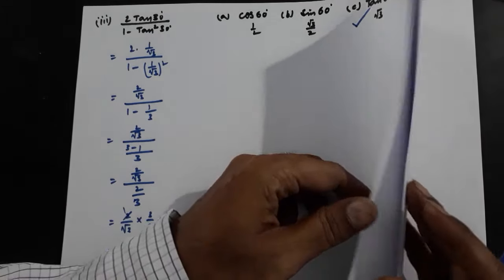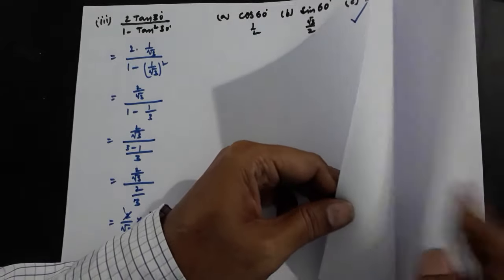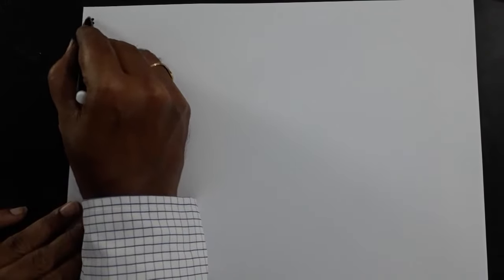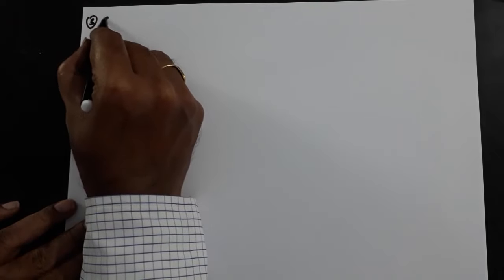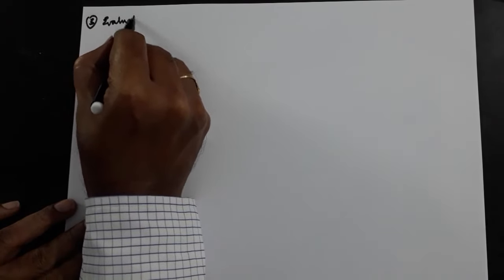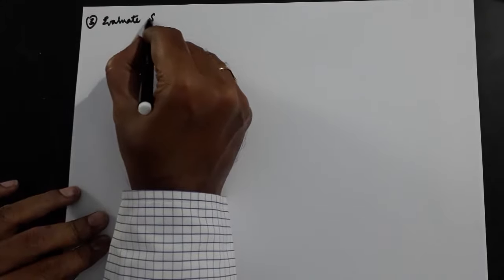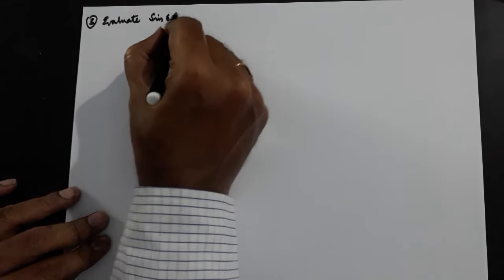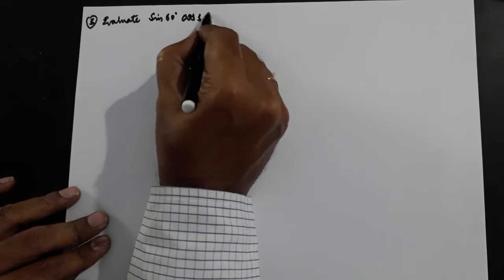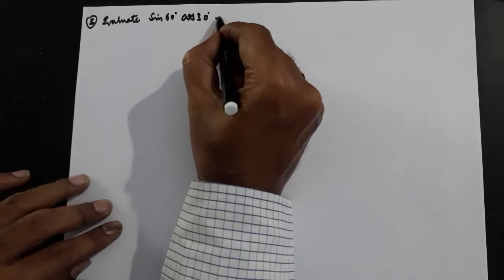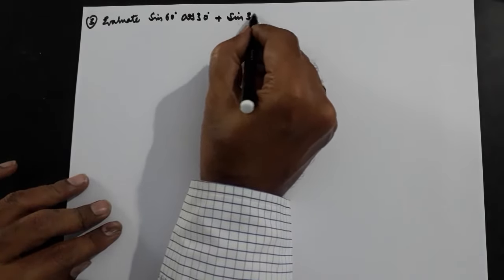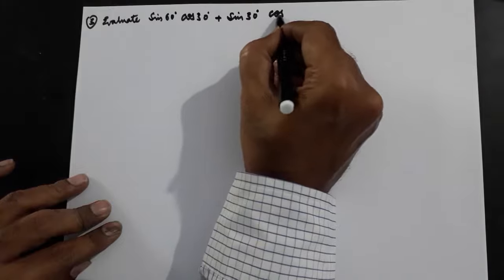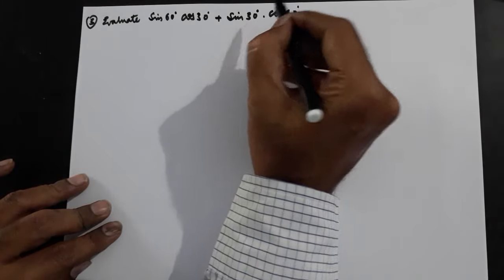Okay, we have done the third bit. So we are going to the third sum. So what is the third sum? Evaluate sine 60 degrees cos 30 degrees plus sine 30 degrees cos 60 degrees.